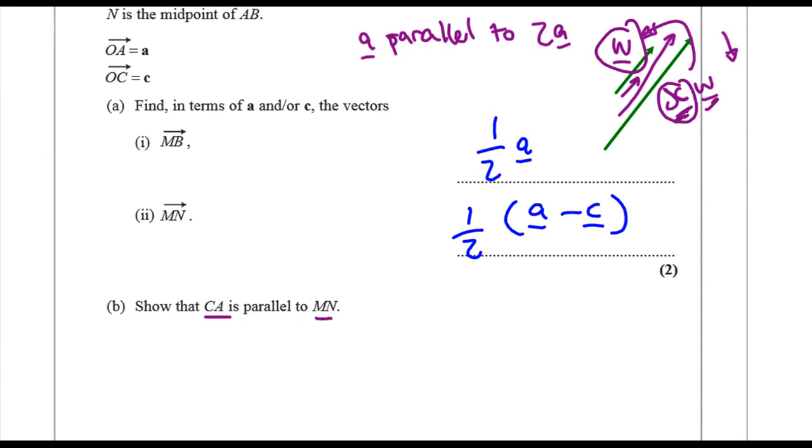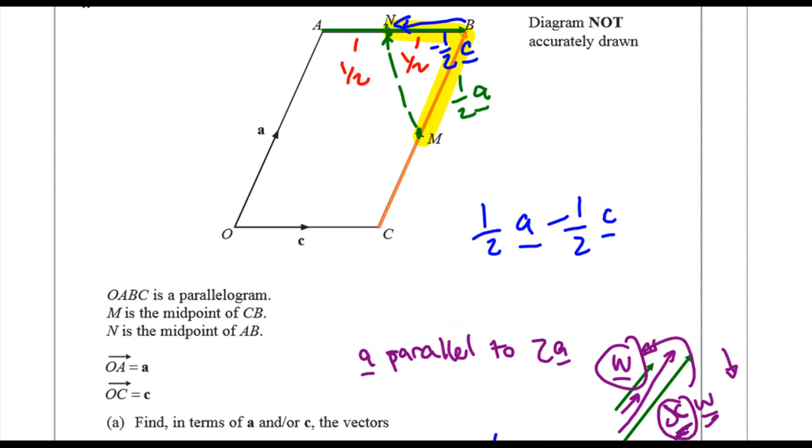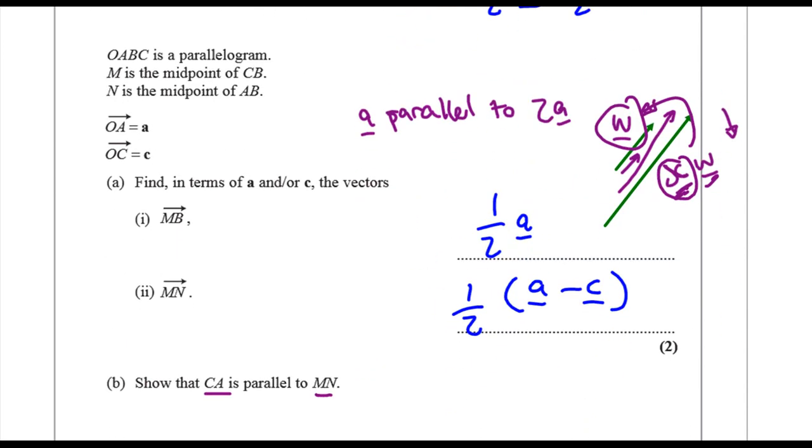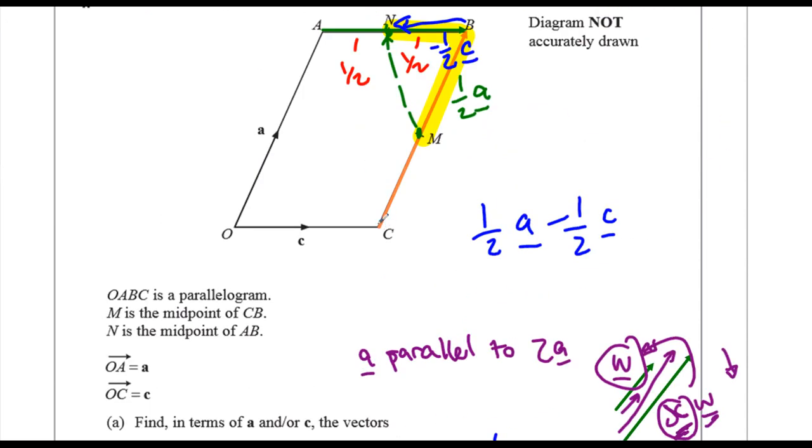Anyway, show that CA is parallel to MN. So we want to show that one is a multiple of another. So let's figure out CA, and we already know MN. Let's just write down what MN is from a previous question. CA, C to A, that's just going to be minus C add A, isn't it?